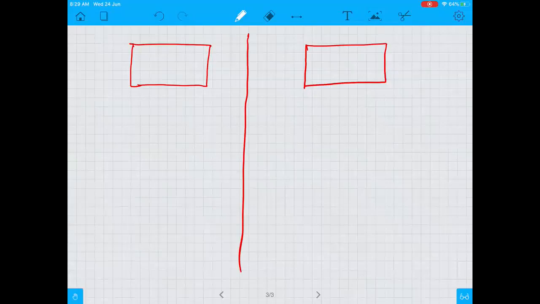Here, width is 5 plus minus 1. The length is 9 plus minus 2.